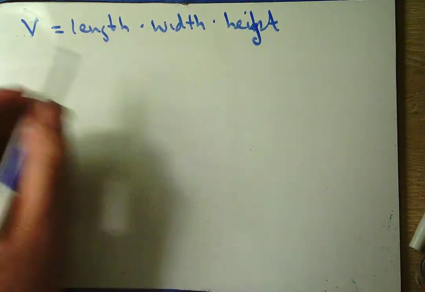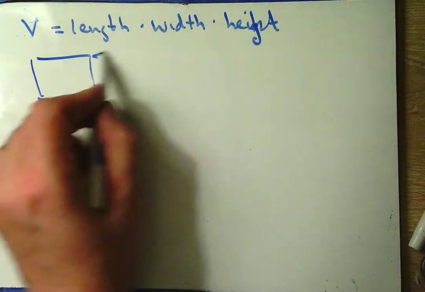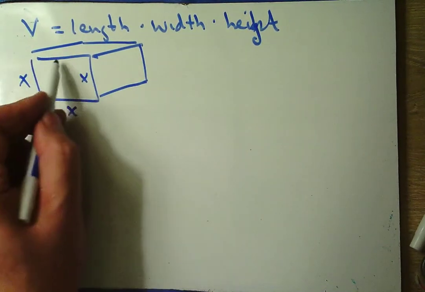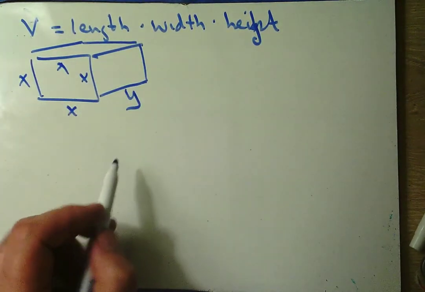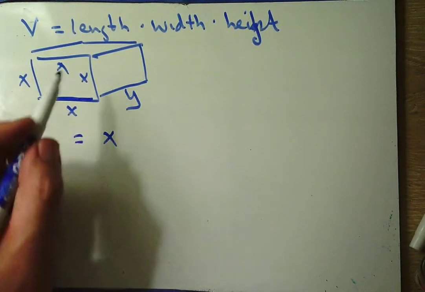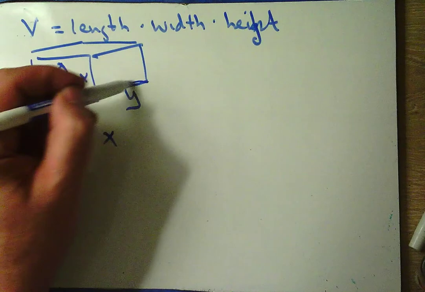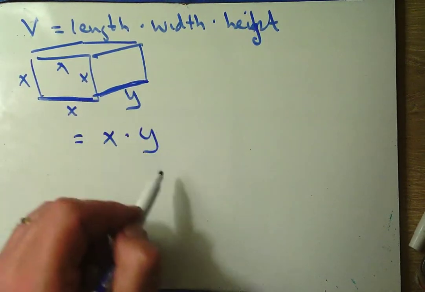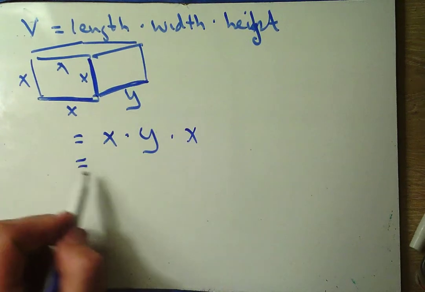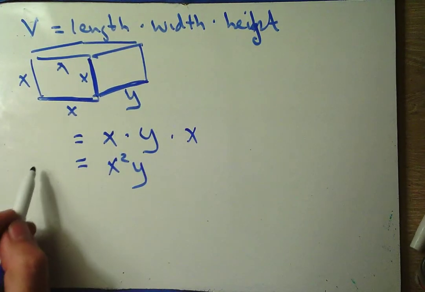And I notice when I look at this picture that my length is x, my width is y, and my height is x. So I get x squared y.